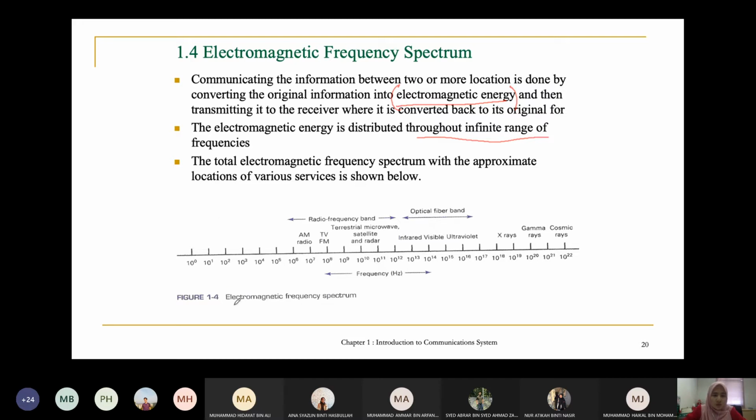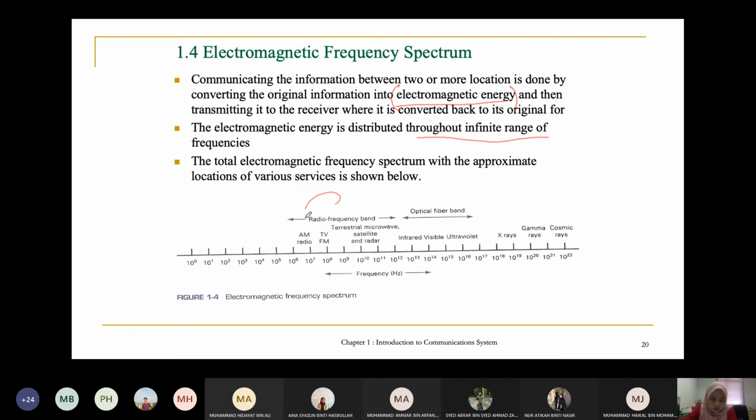This figure shows you the electromagnetic frequency spectrum. The frequency range is infinite, from 10 to the power of 0 until 10 to the power of 22. You can see that different applications use different frequencies.